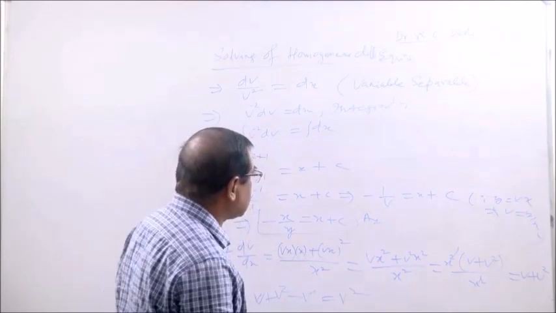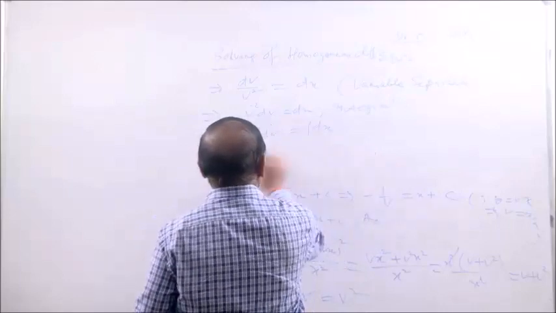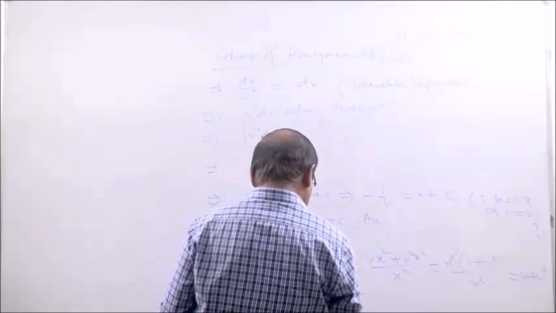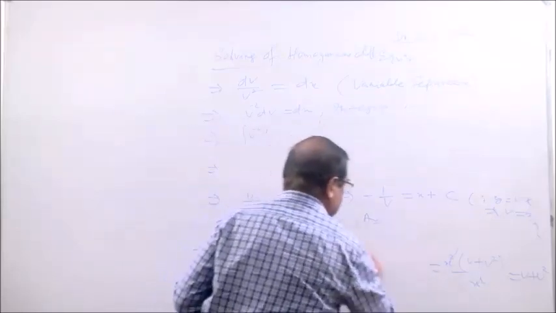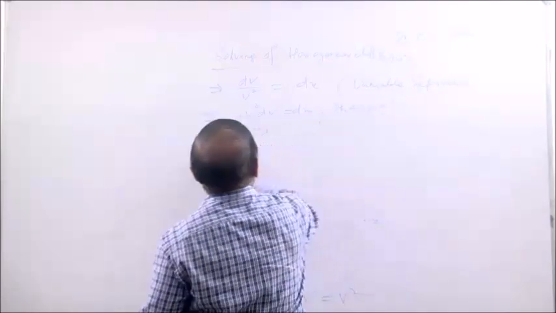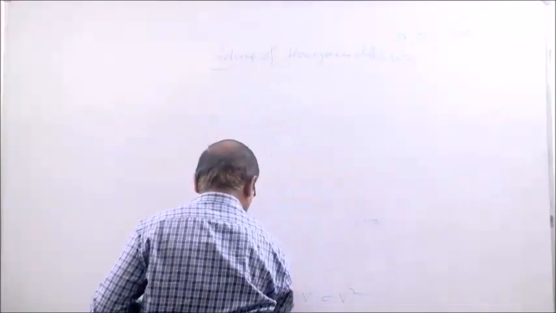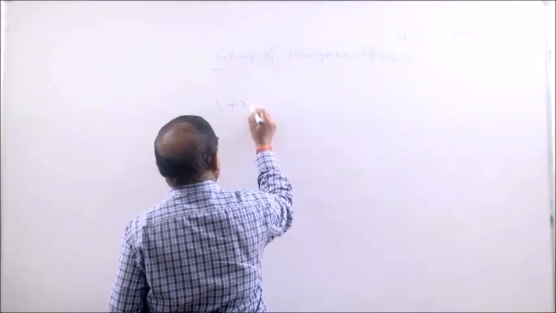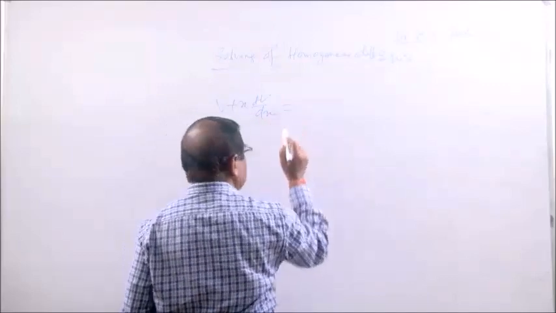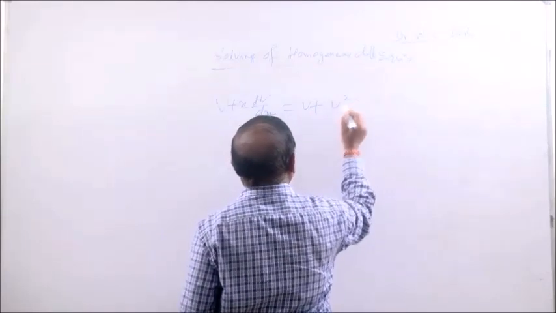Oh, x is there, x dv by dx is there somewhere. I am repeating that question again: v plus x dv by dx is equal to v plus v square.